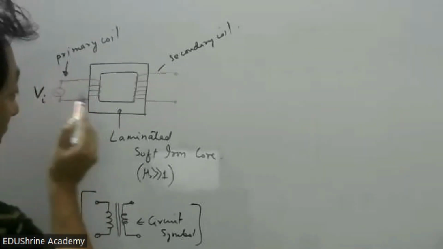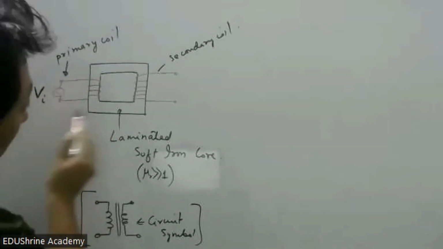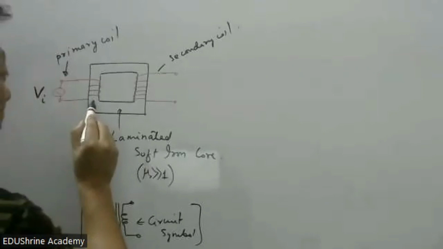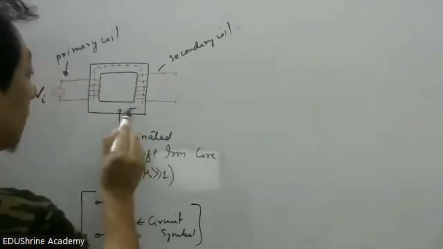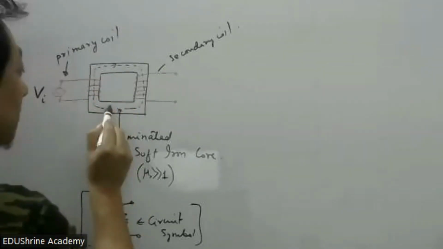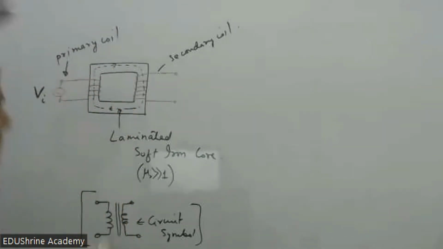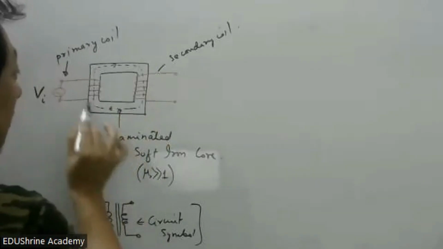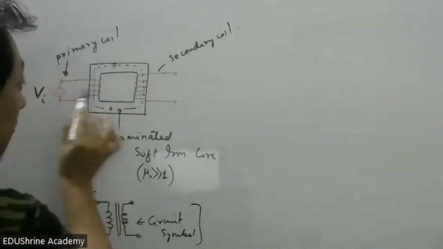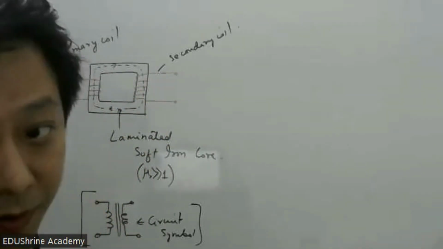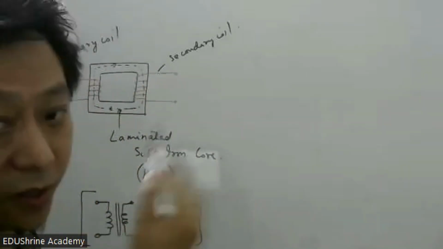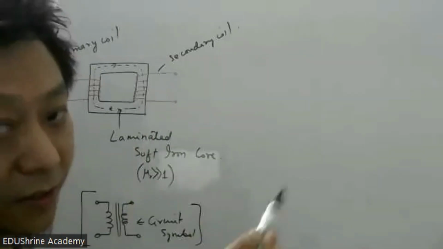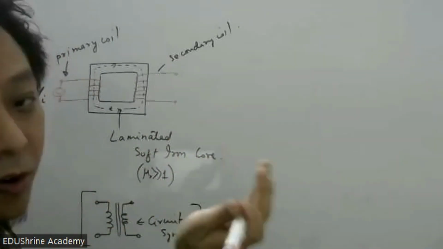It will go this way and then this way, then this way, then this way. It will create magnetic field around it. Closed magnetic field lines are closed lines. Yes or no? So this magnetic field will also alternate because of this alternating current. Because this magnetic field is produced by this current. So if current alternates, magnetic field also alternates.